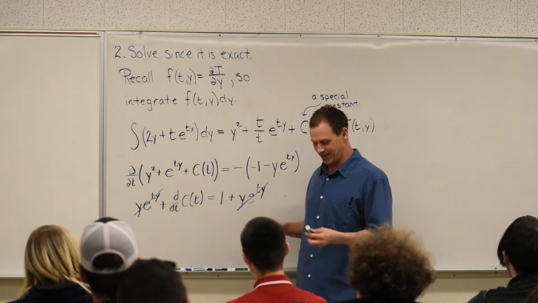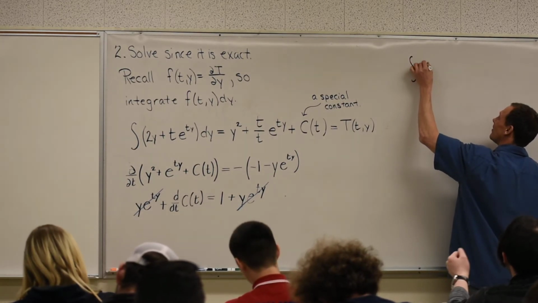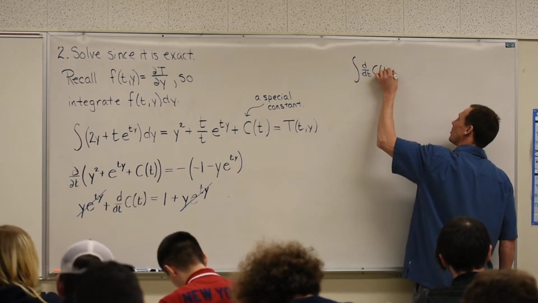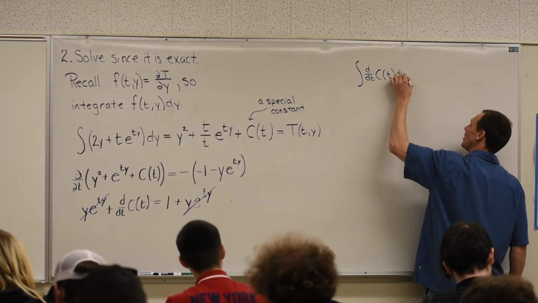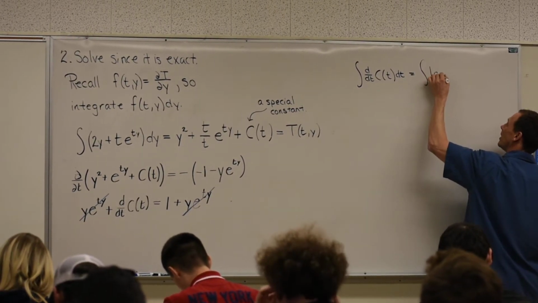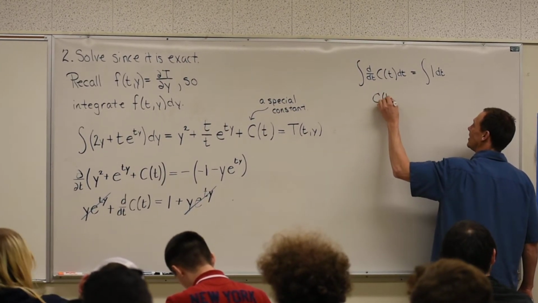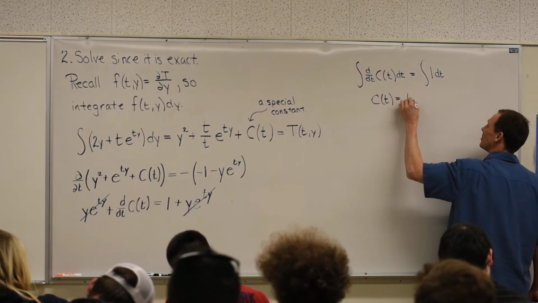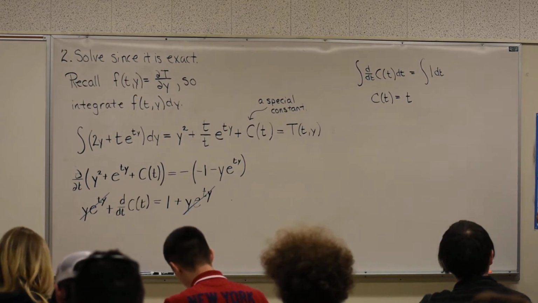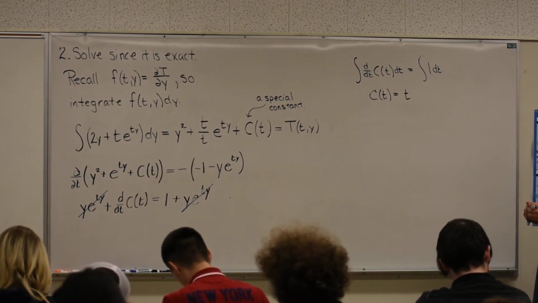We just integrate that last step. And so we take the integral of the derivative with respect to t of our special constant dt is equal to the integral of 1 dt. And so we can say that c of t is equal to t. Okay, c of t is equal to t.